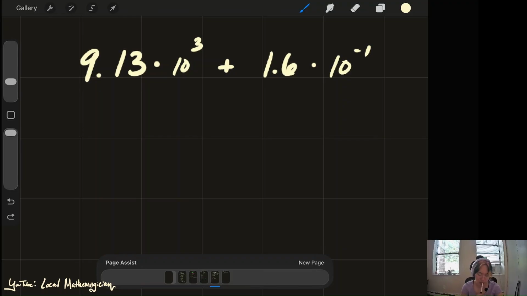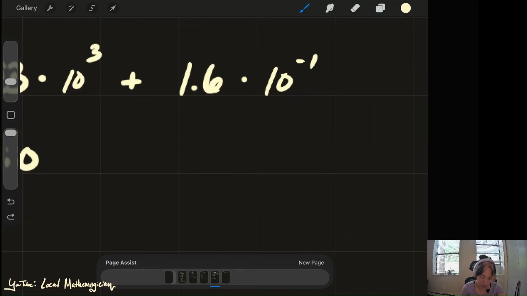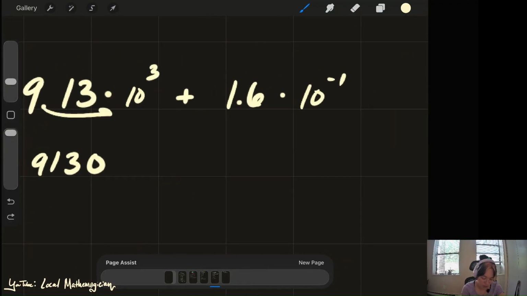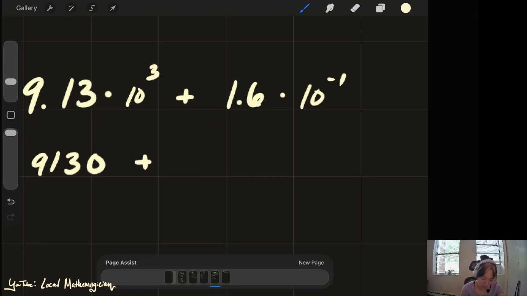Here's what I would do. Personally, I actually expand it like a weirdo. So I know that this is equal to 9130, because 1, 2, 3. And I know that if this is moving to the right, then this is moving to the left. So this is plus 0.16. I personally expand and then put it back to sino later, because I'm very bad at scientific notation.